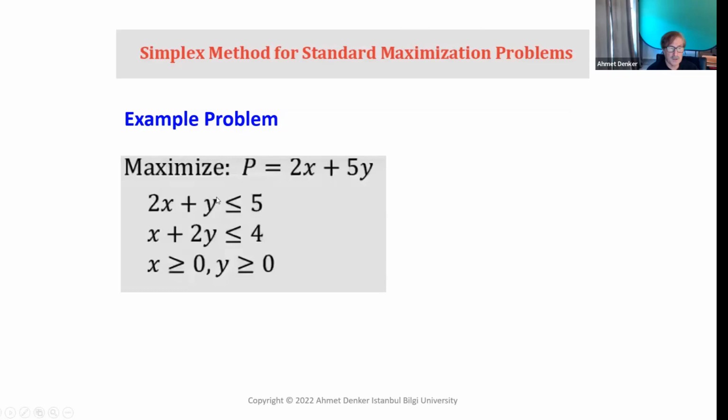So I'm going to make this equal by adding 2 variables, something like S and T, or I can put any letter as slack variables. So I will have two variables X and Y, and three slack variables. So I will have a tableau of three slack variables plus two variables, five variables altogether.